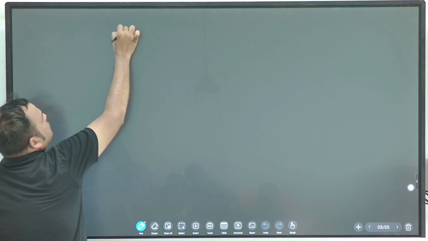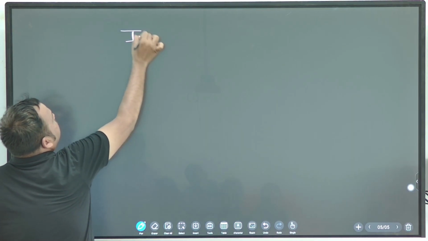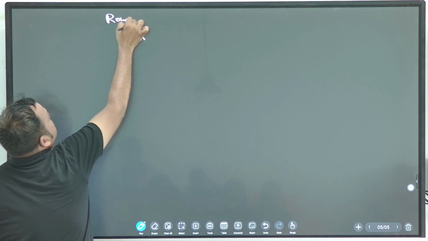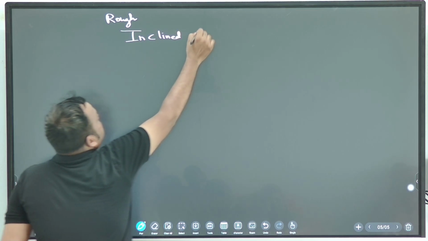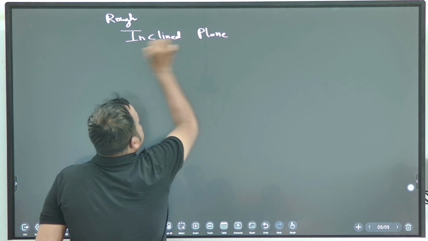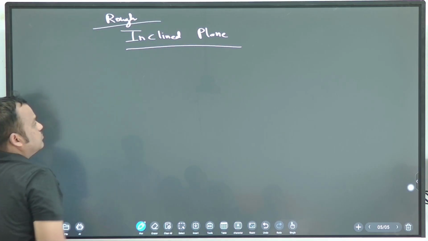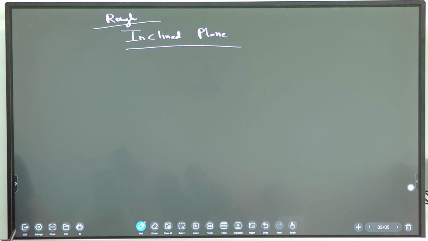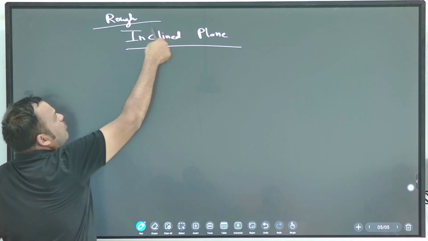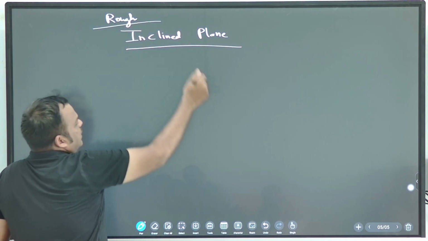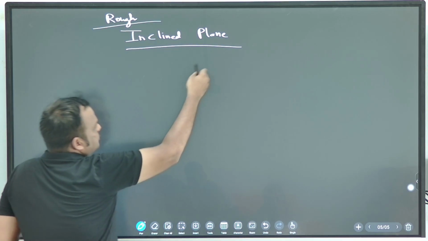Now let's solve inclined plane. Note down. Rough inclined plane. Now the only thing which is common in smooth inclined plane and rough inclined plane is mg sin theta and mg cos theta.